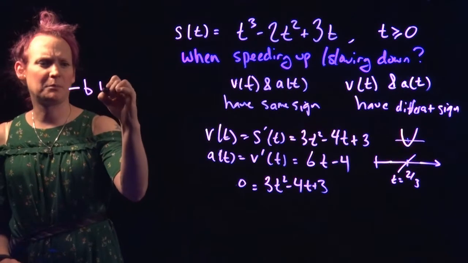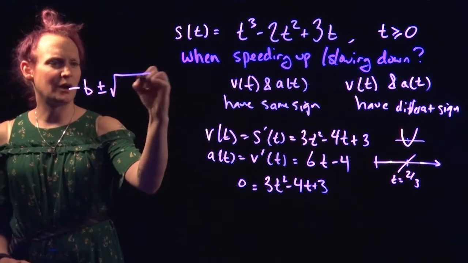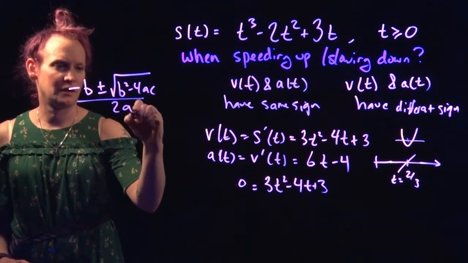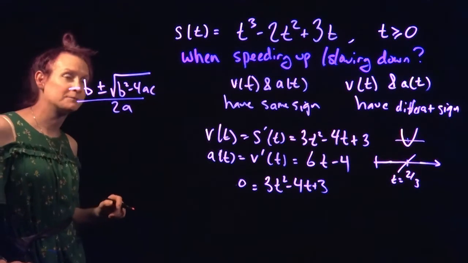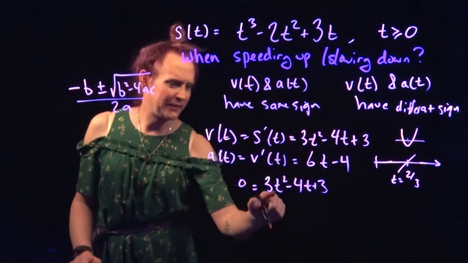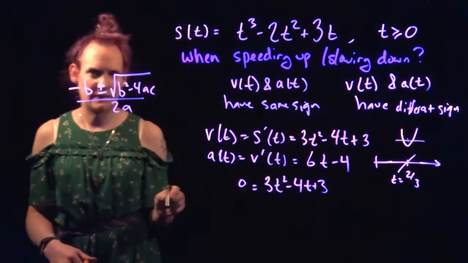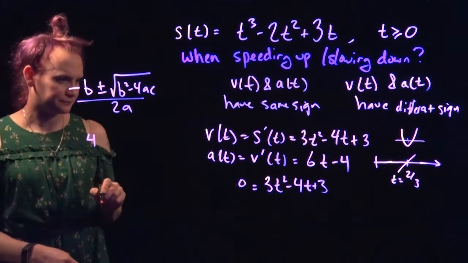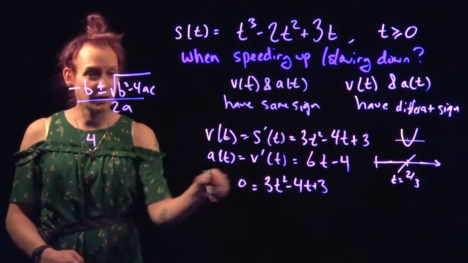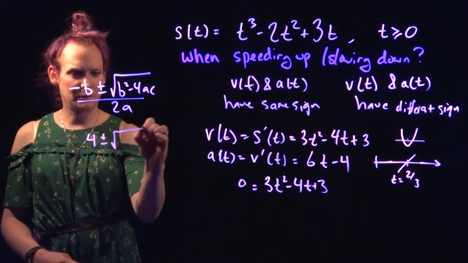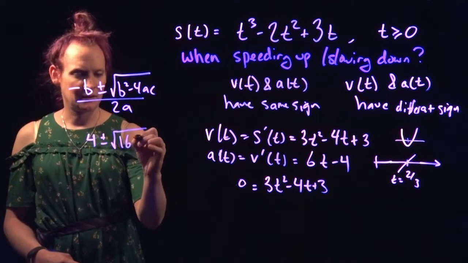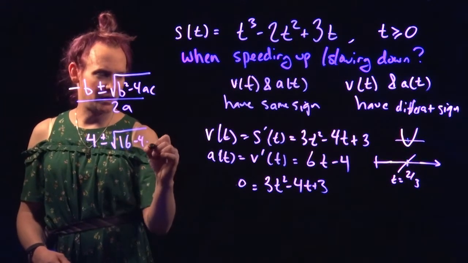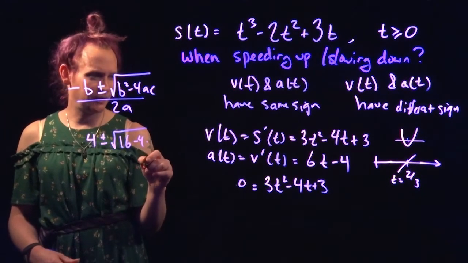It's minus b plus or minus the square root of b squared minus 4ac, all over 2a. That's a, b, and c. Okay, so that's 4, because minus minus 4, plus or minus the square root of 16, because 4 squared is 16, minus 4 times a times c.